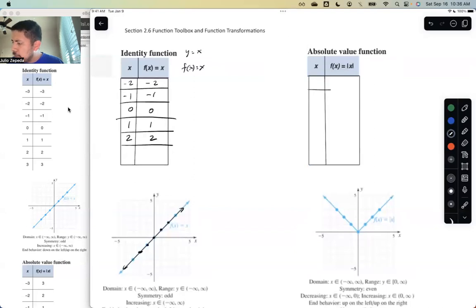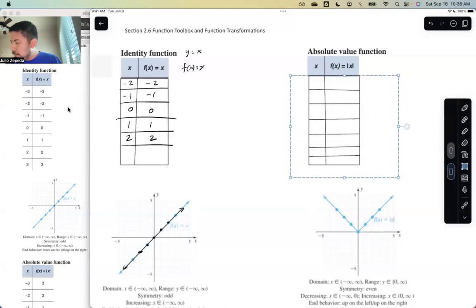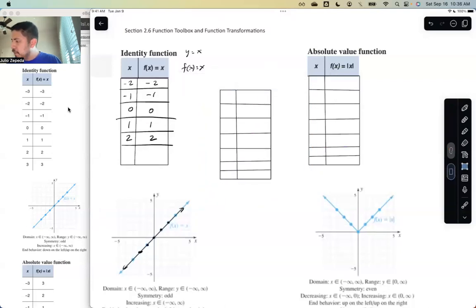So we'll do -2, -1, 0, 1, and 2. All right, so we're going to plug in -2, -1, 0, 1, and 2.